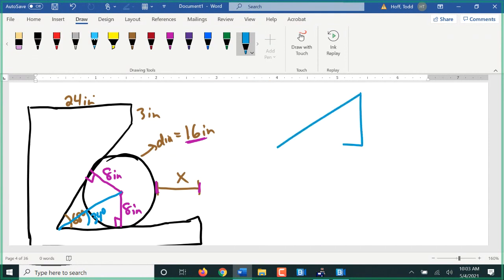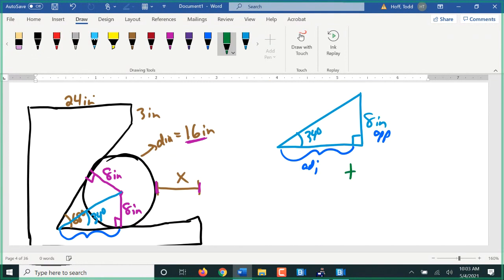What we're really working with is this triangle, right triangle, 34 degrees, 8 inches over here. The piece that I want to know is this piece here. That is the adjacent side according to the 34 degrees. 8 is the opposite side. Opposite and adjacent make the trig function tangent.